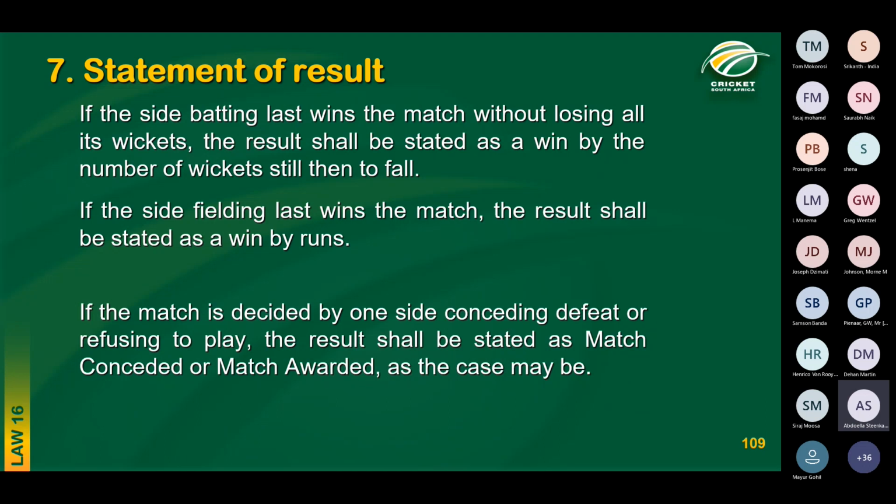So side A wins the game by 50 runs. If the match is decided by one side either conceding defeat or if they refuse to play, how will you state that result? It will be match conceded, or the match was awarded to side A or side B.